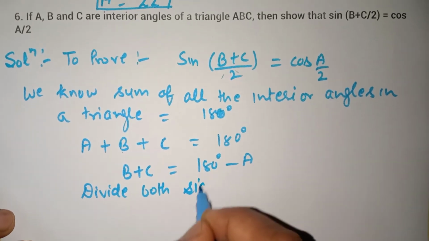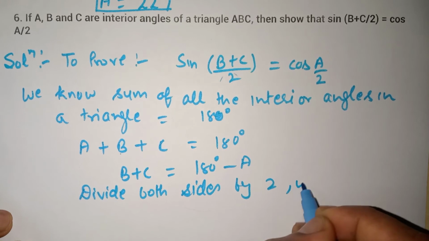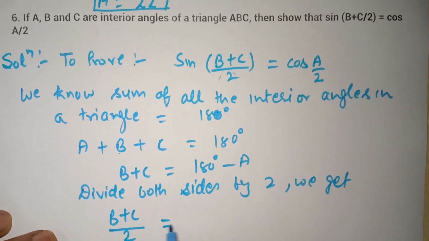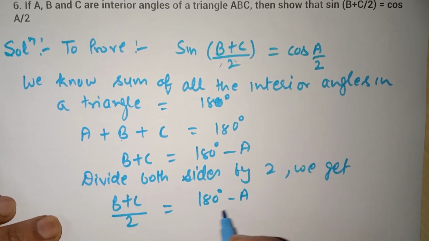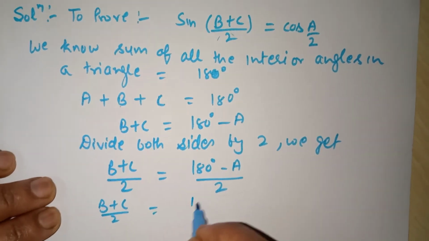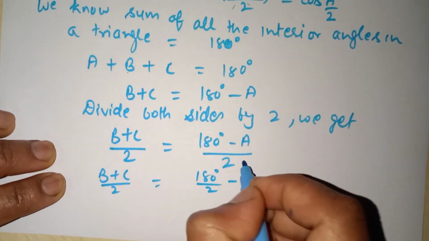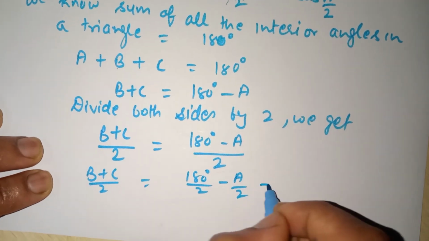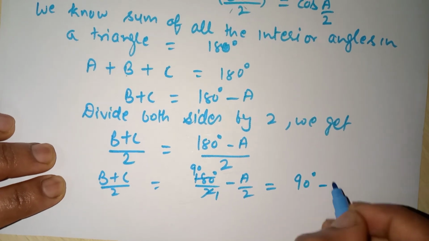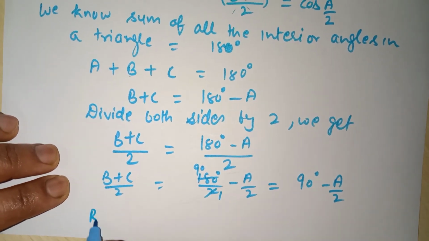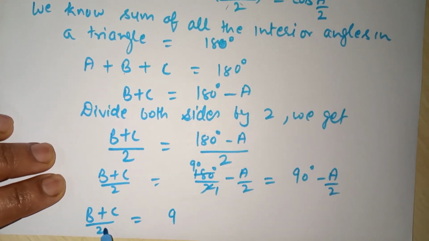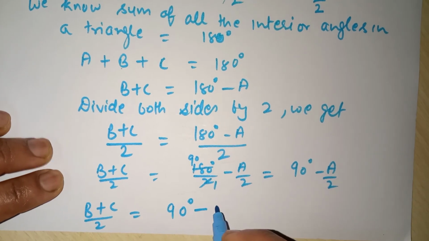We get B plus C divided by 2 equals 180 degrees minus A, divided by 2. 180 degrees divided by 2 is 90 degrees, and A divided by 2. So we are left with B plus C divided by 2 is equal to 90 degrees minus A by 2.